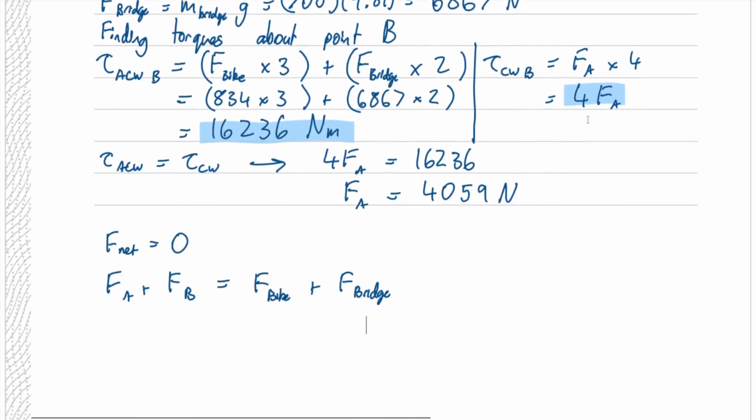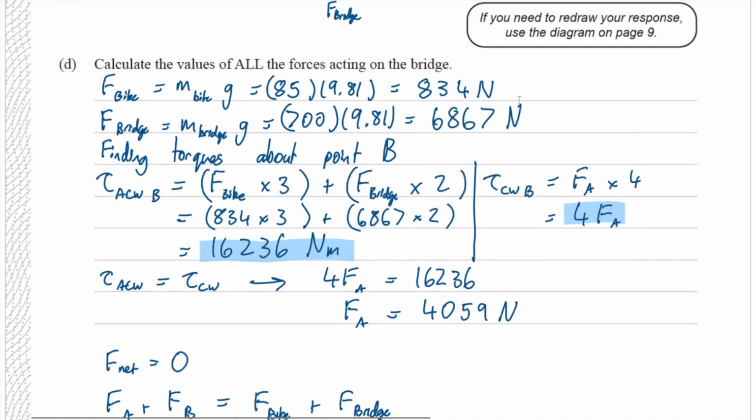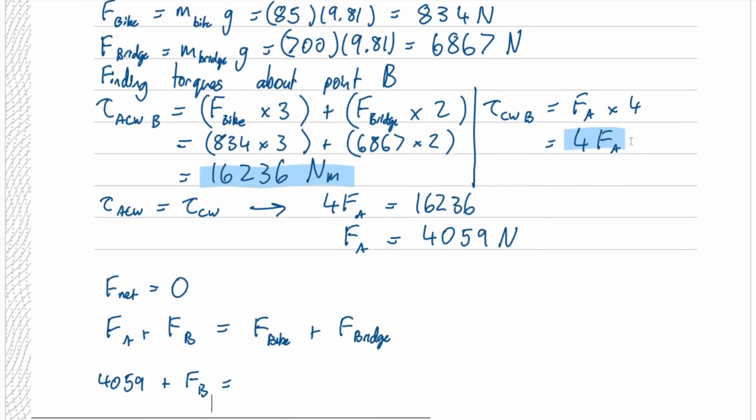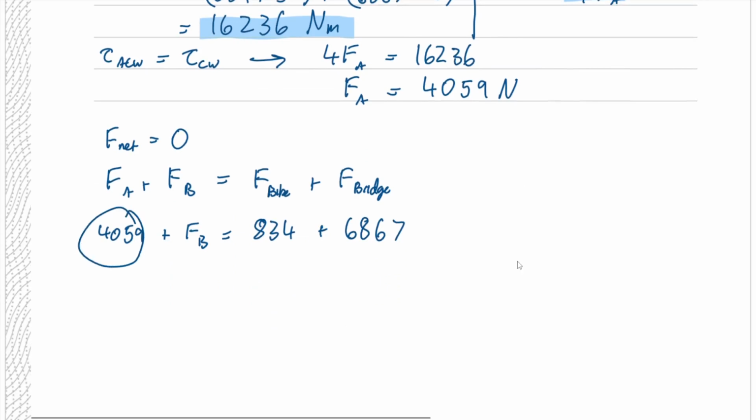Now we can substitute in what we know. Well, we just worked out FA. Don't know what FB is. F bike plus F bridge, we have worked that out. F bike 834, F bridge 6867. So we can subtract 4,059.